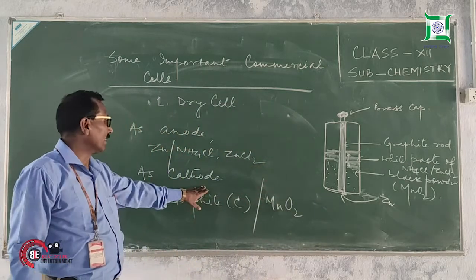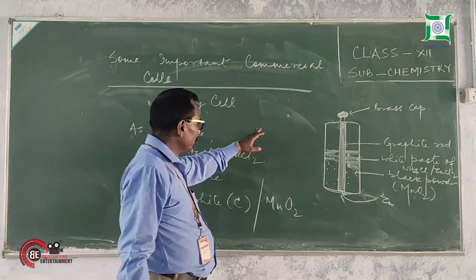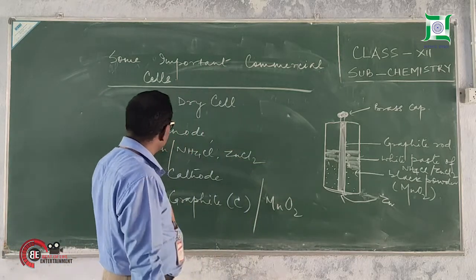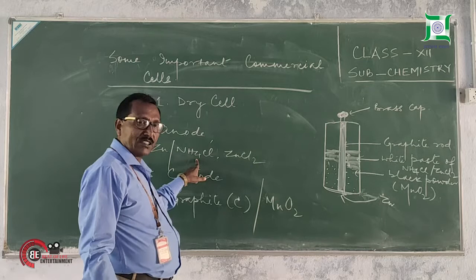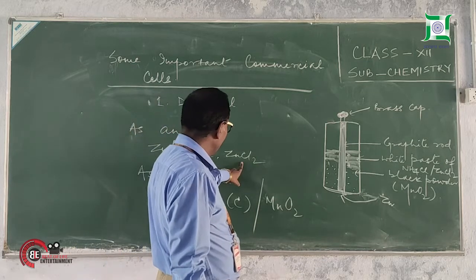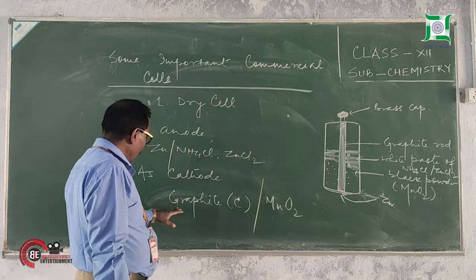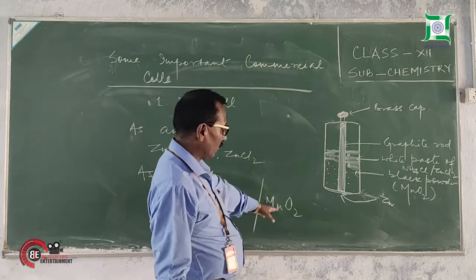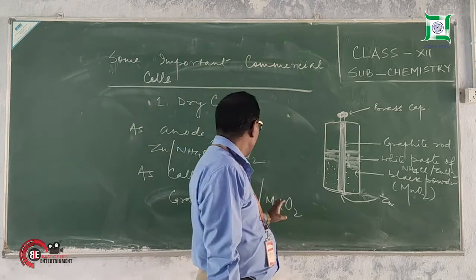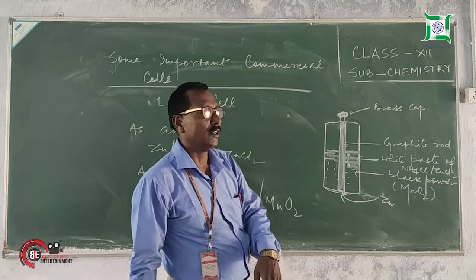So the two electrodes are Zn in contact with NH4Cl and ZnCl2 acting as anode, while graphite in contact with MnO2 acts as cathode.